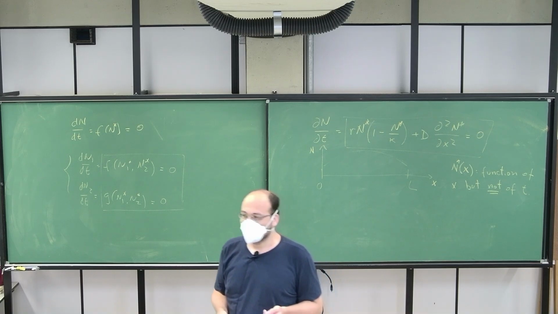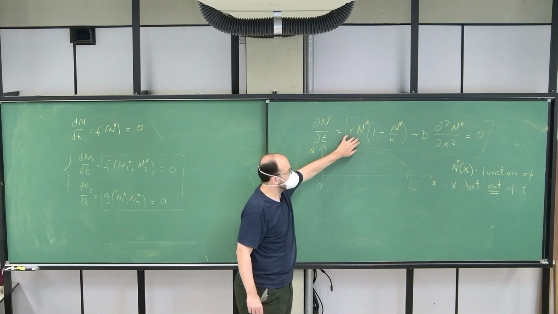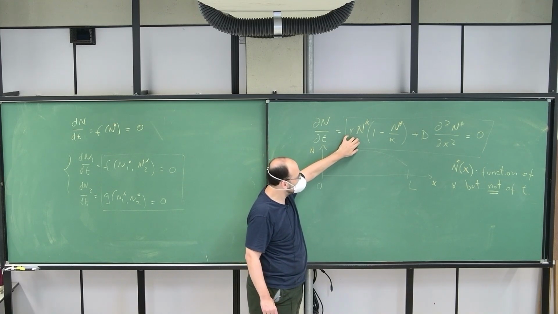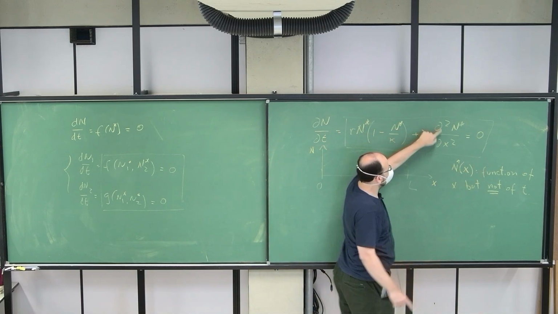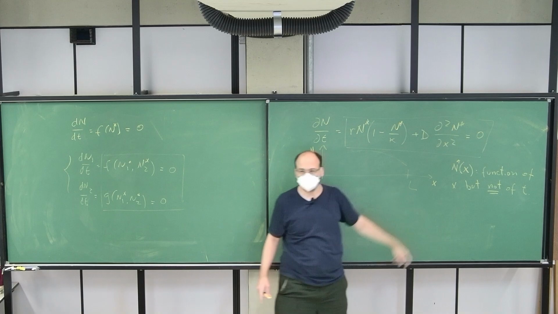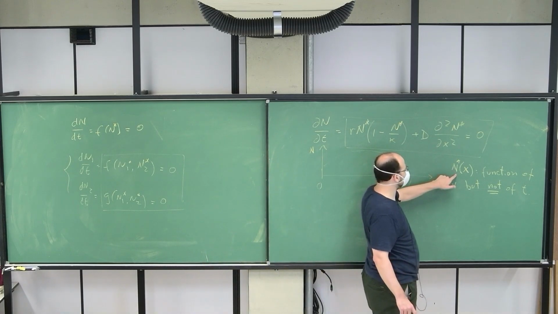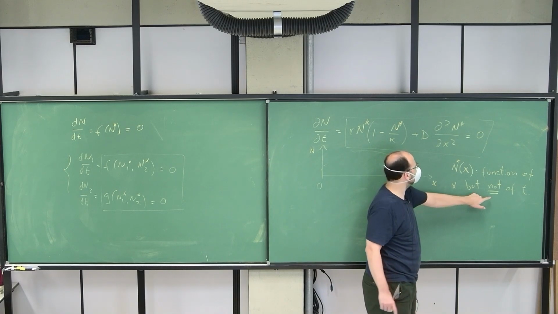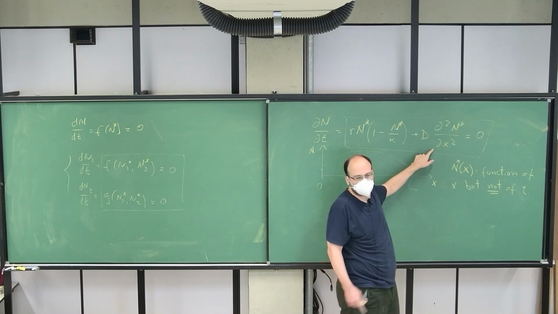So the idea then is, how will we solve this? Because if you look at this, there's a derivative here, right? And I told you that n star is now just a function of x and not of t, so I don't need a partial derivative anymore. This is now a regular derivative.